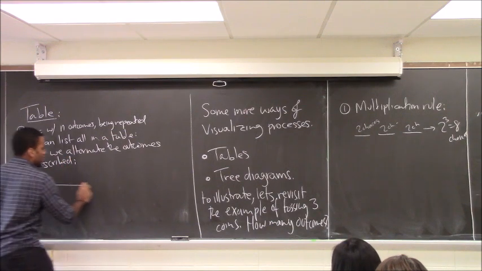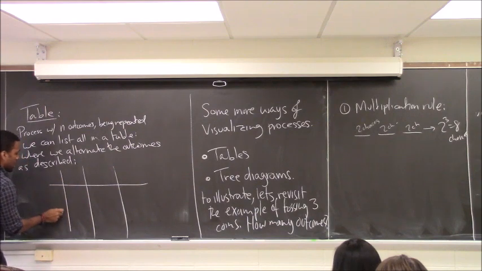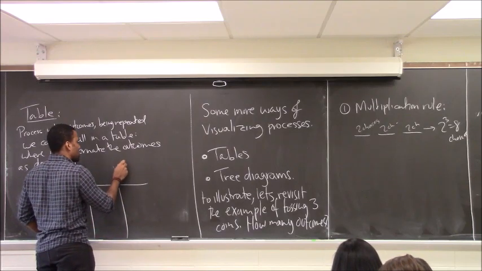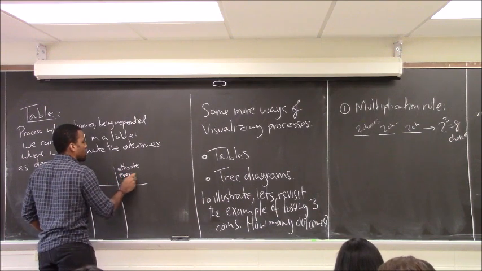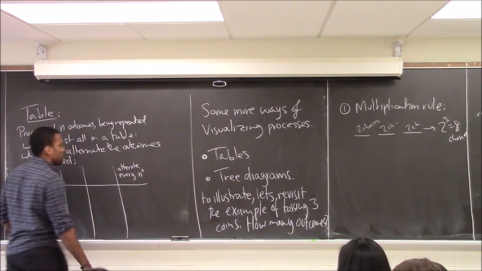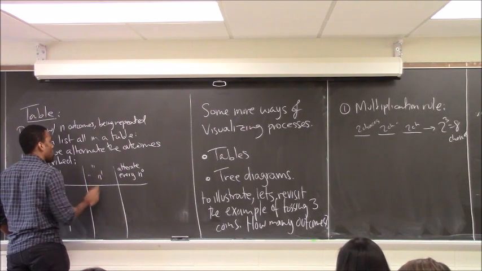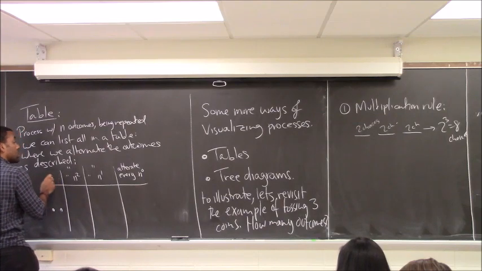So you can construct a table and it's being repeated however many times you want. But here, you're going to alternate every n to the 0 rows. Then here, you're going to alternate every n to the 1 rows, every n to the 2 rows, etc.